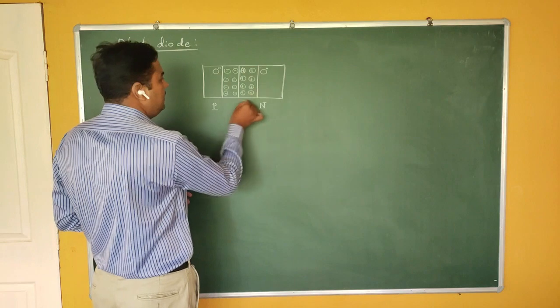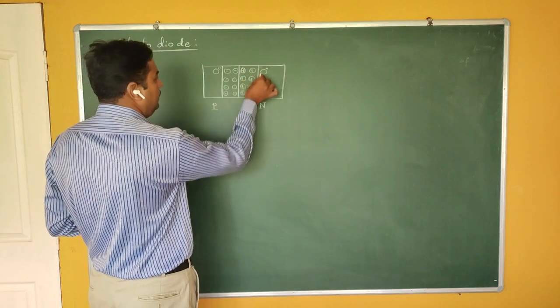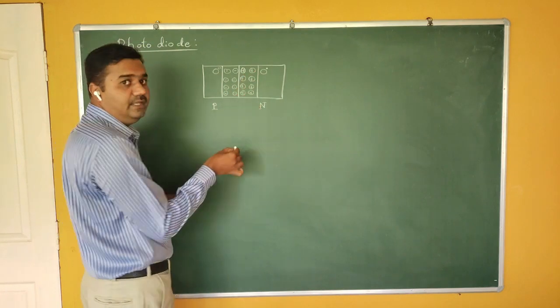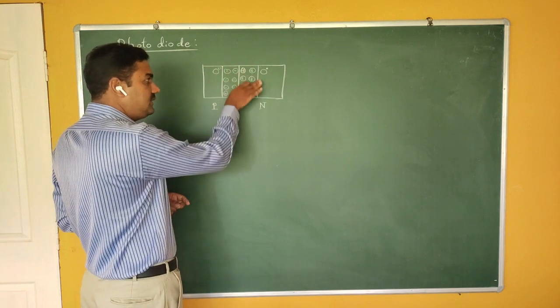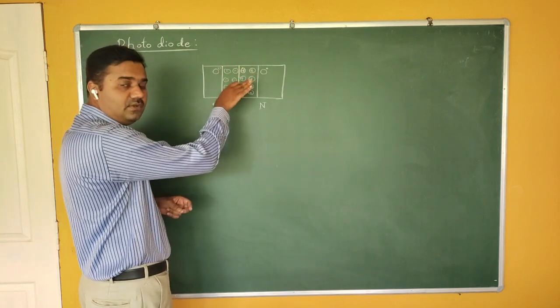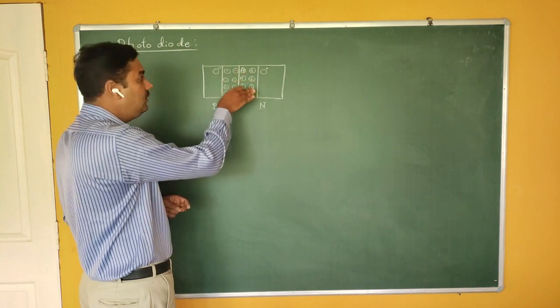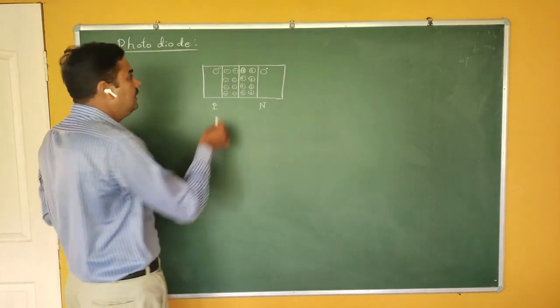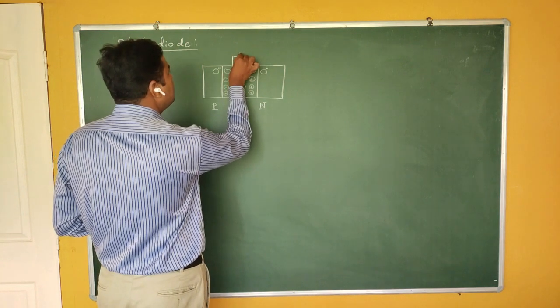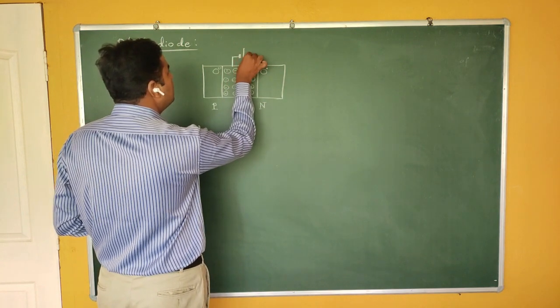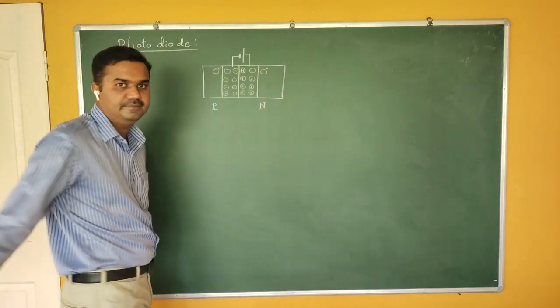When you look at this depletion region, you can see that on one side you have positive ions, so the charge on this side becomes net positive, and on the other side it becomes net negative. So it behaves like a small battery.